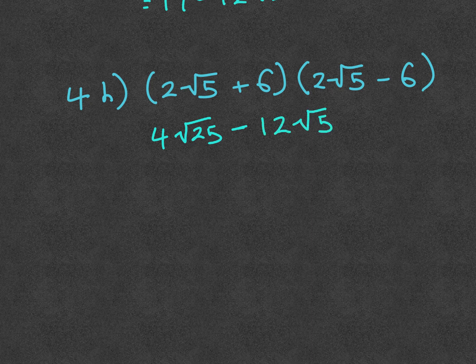Then 6 times 2 root 5, so plus 12 root 5. And then negative 6 multiplied by positive 6 is going to give us negative 36.